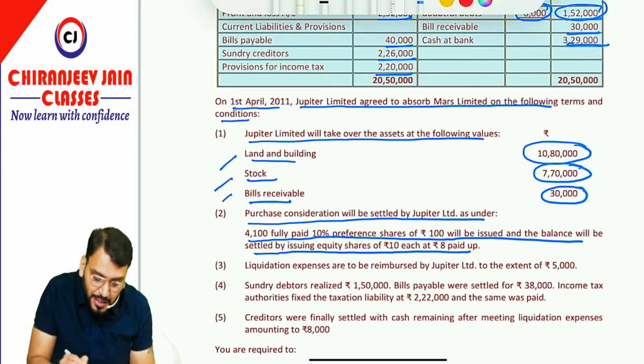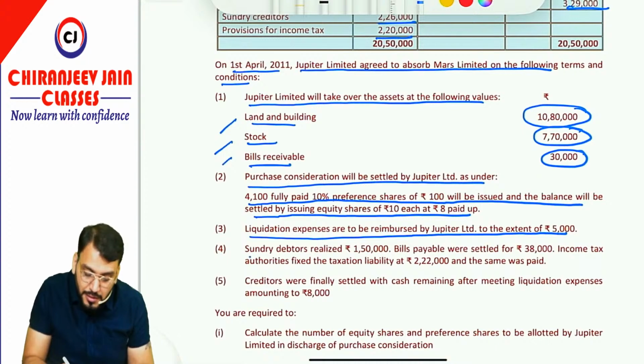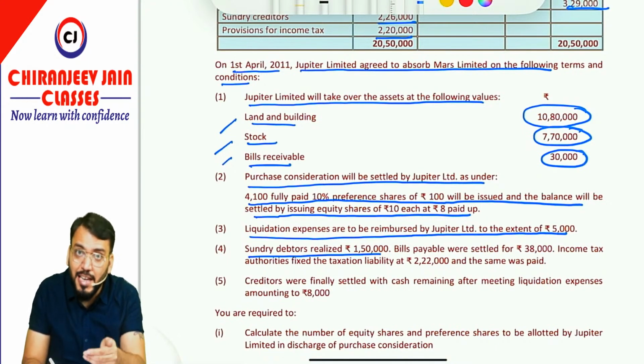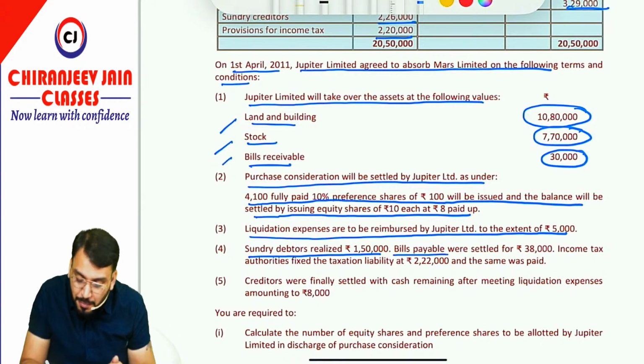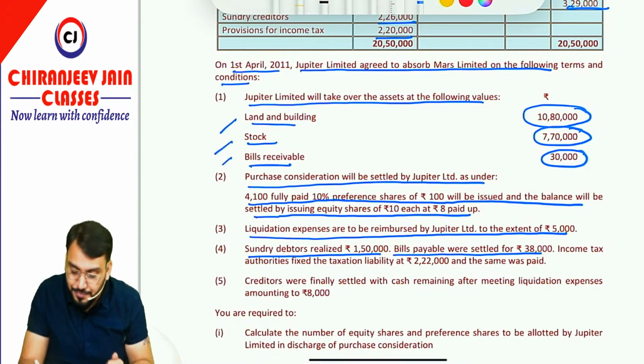Only 3 assets are taken over. Liquidation expenses are to be reimbursed by Jupiter Limited to the extent of rupees 5,000. Sundry debtors realized 1,50,000, because they were not taken over, therefore the realizable value is given. Bills payable were settled at rupees 38,000. Because that was not paid, therefore the payable value is given.